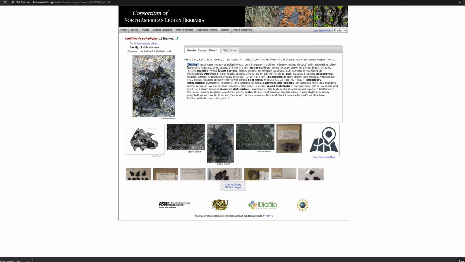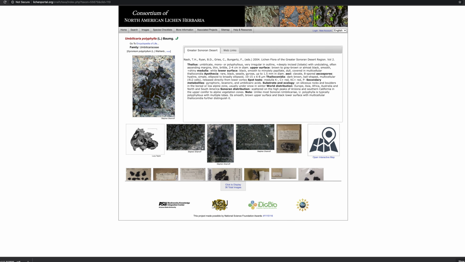Only lichens have this structure called thallus. And here it is telling us some information about the thallus, about the surface, about some other structures, and we are going to use this as our reference for lichens and for macrofungi.